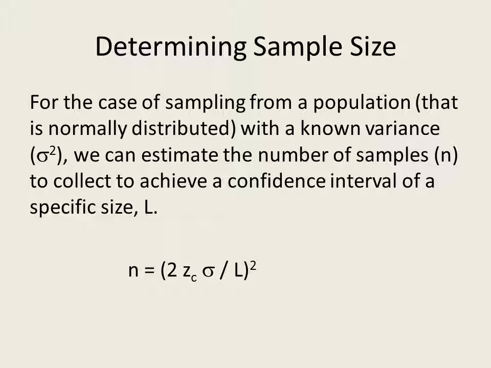This equation isn't exactly what we would use for polling an election, but it is something that you could use if you were trying to figure out the strength of your particular material and wanted to know the strength within a certain confidence interval of size L. So this is useful for deciding how many samples we need to collect.